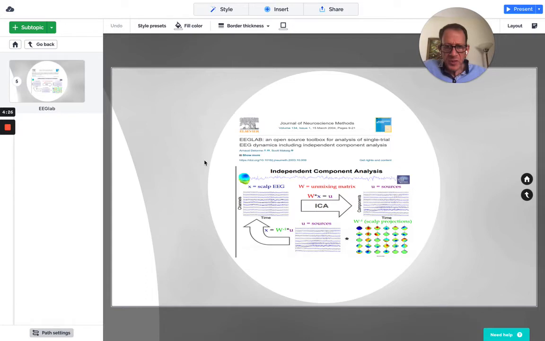And you go from the scalp EEG to what are called ICA sources, and then to scalp projections. So the scalp projections are basically a topographical map of each of the component sources, which are different aspects of the EEG across multiple channels simultaneously seen.